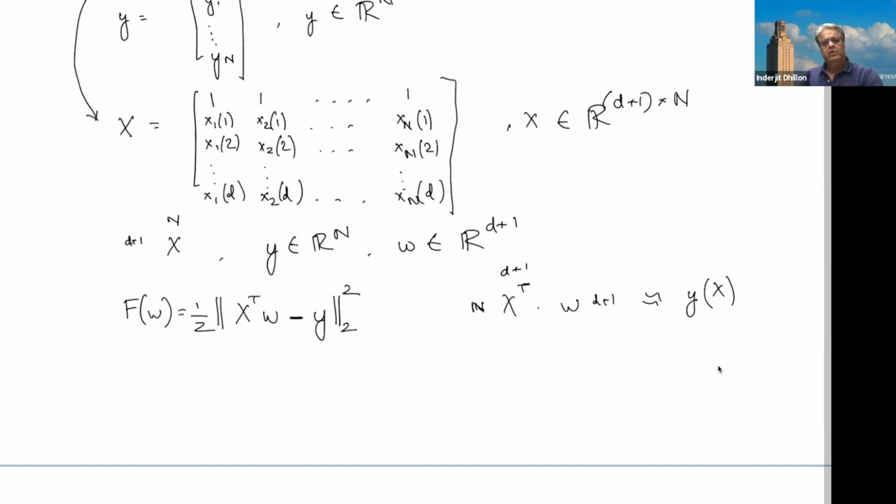Any question about this? This is where I start using things that you should have learned in your linear algebra course. The L2 norm of a vector is the square root of the sum of squares of the components of that vector. In this case, we don't need to take the square root, so it is the squared L2 norm.